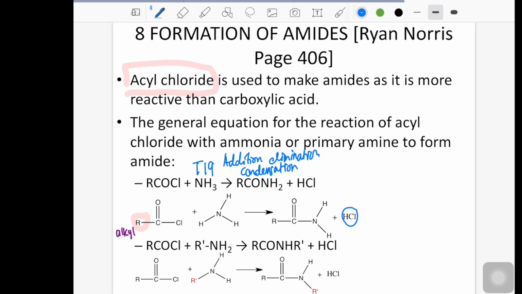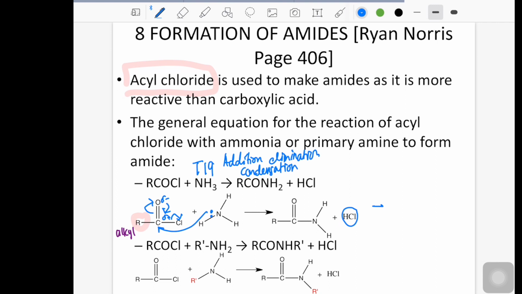So the lone pair of the nitrogen will attack the slightly positive carbon, and then one of the bonds of the C double bond O breaks. The C double bond O bond is reformed, and of course the carbon-chlorine bond breaks. So your product is this.